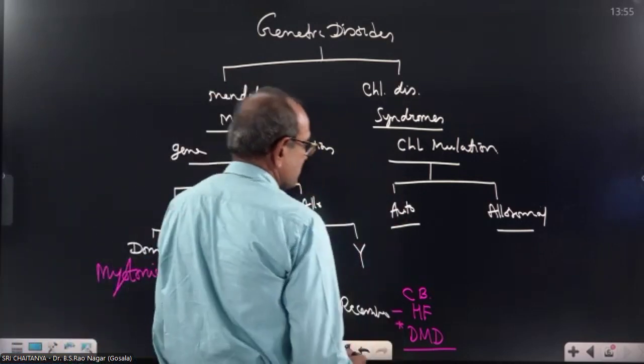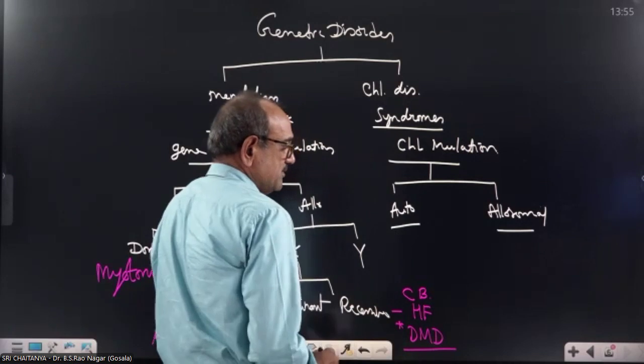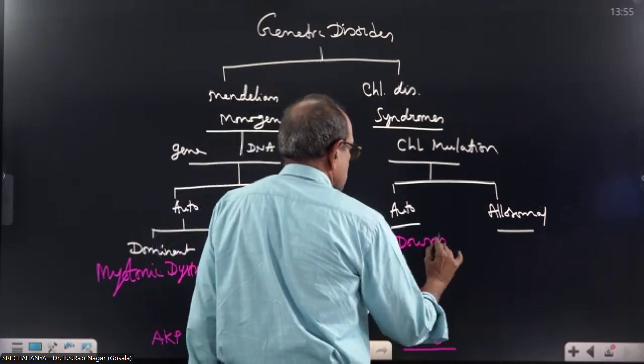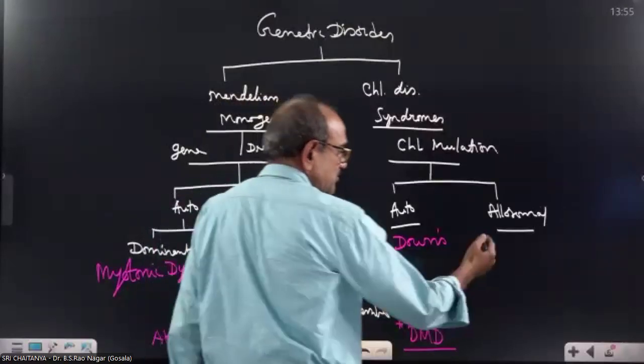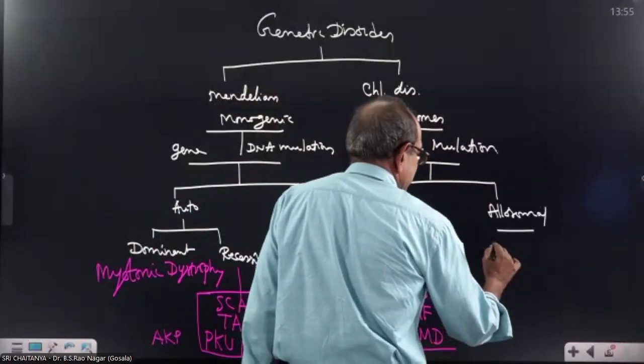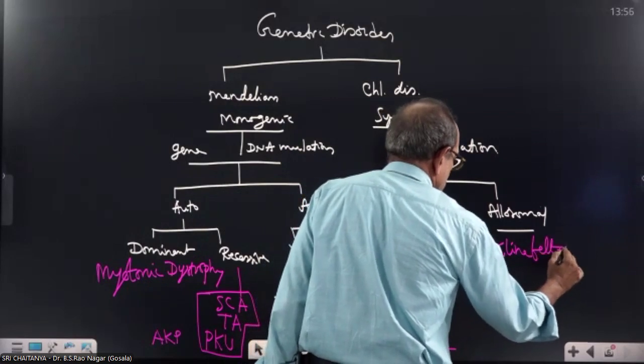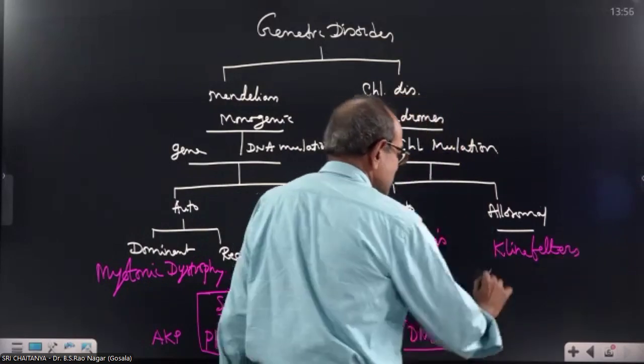Come to the syndromes. Autosomal syndromes, the best example is Down syndrome. Allosomal syndromes are Klinefelter syndrome and Turner syndrome.